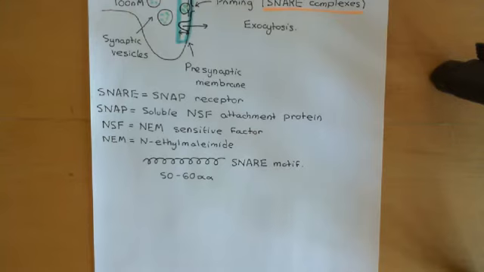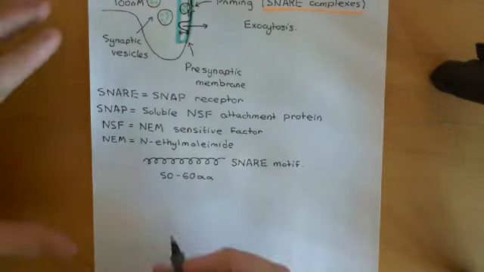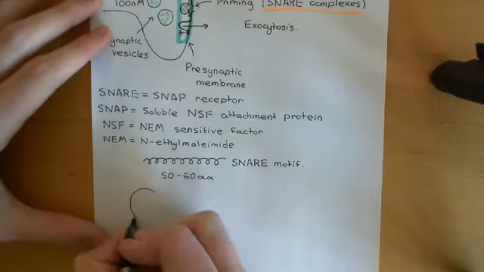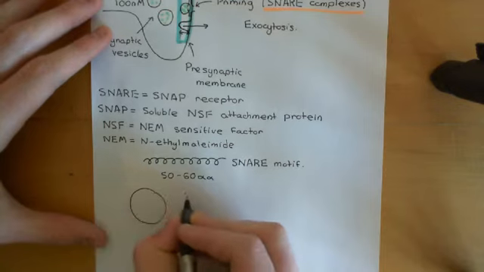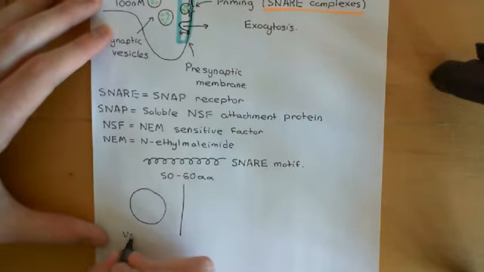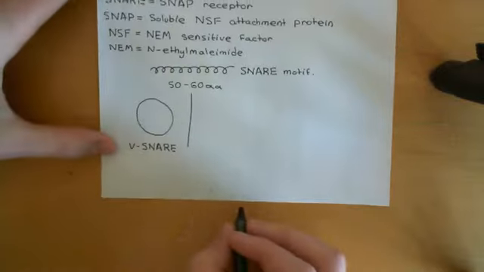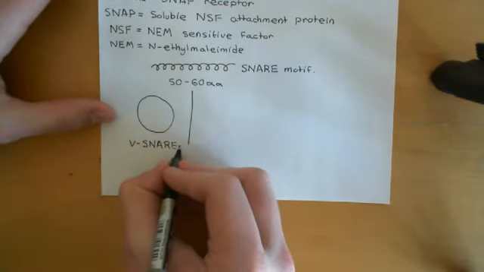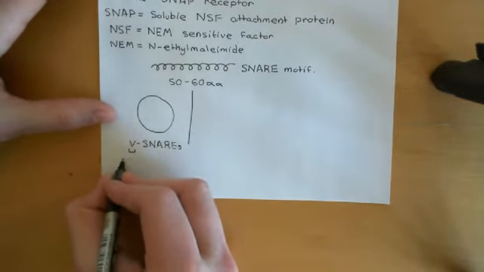Right. And what's going to happen is we are going to have SNARE proteins on the vesicular membrane. So to draw a picture of this, we're going to have our vesicle here, and our plasma membrane here, and we're going to have SNARE proteins within the vesicle, which will be known as V-SNAREs, standing for vesicular SNAREs.